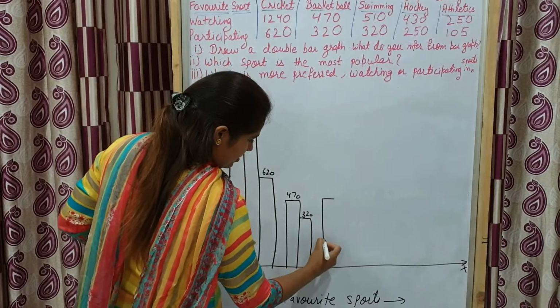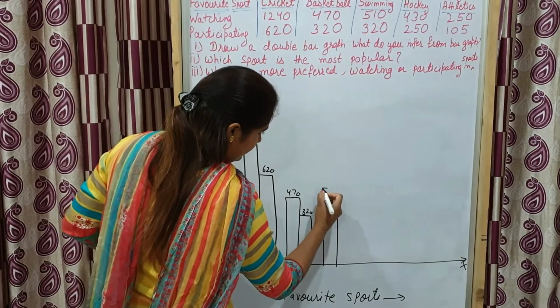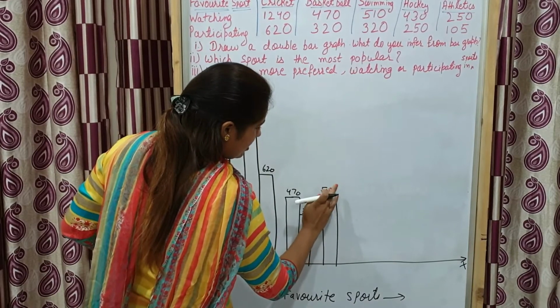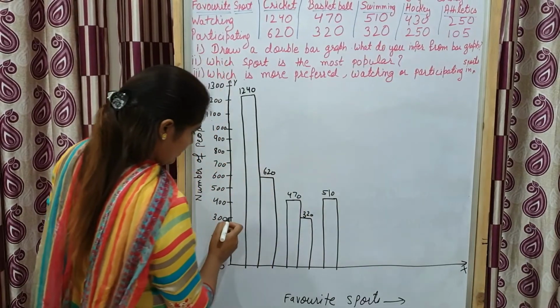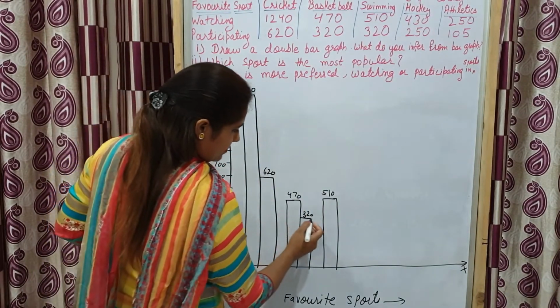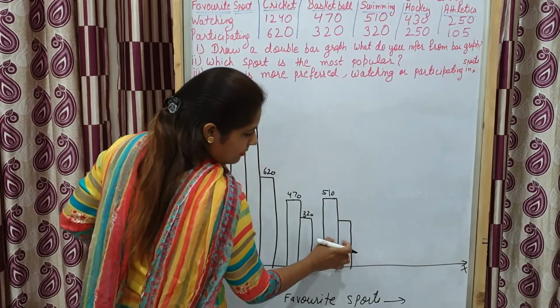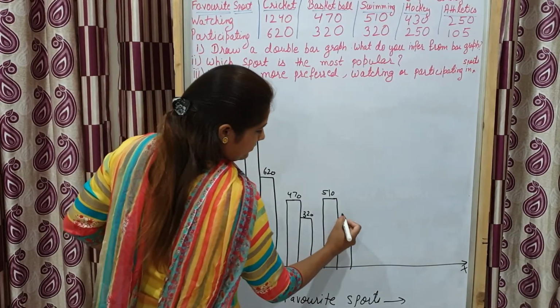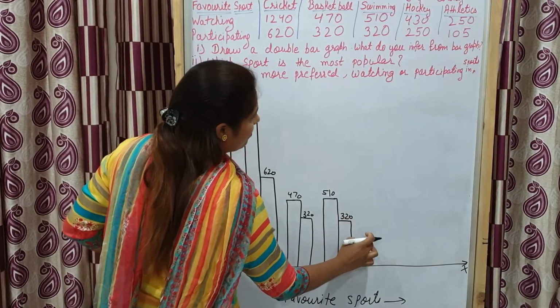Here 510. Then immediately this 320. I didn't leave any type of box between them. Remember this thing. After completing it, then leave a box.